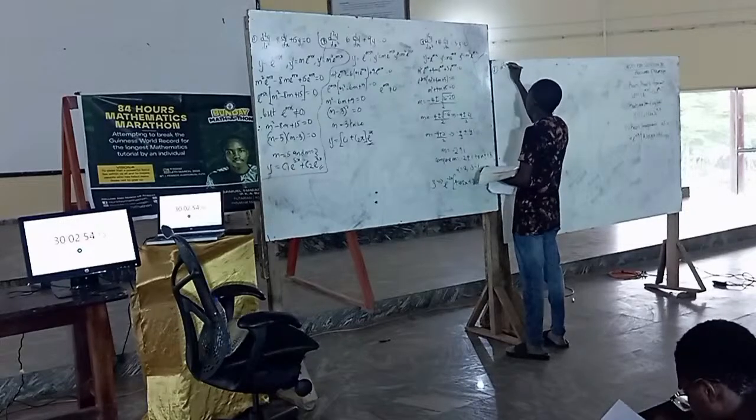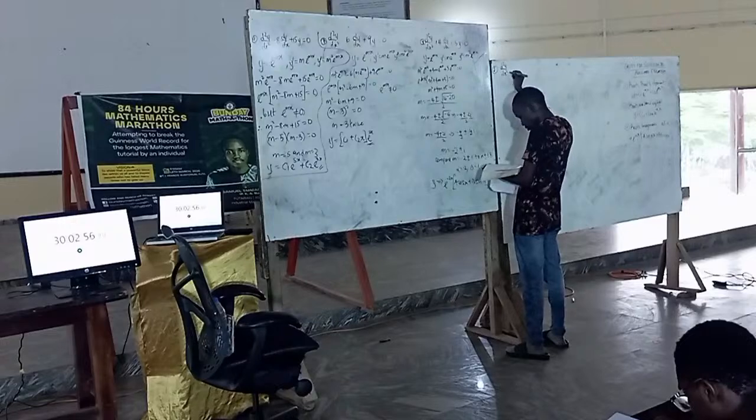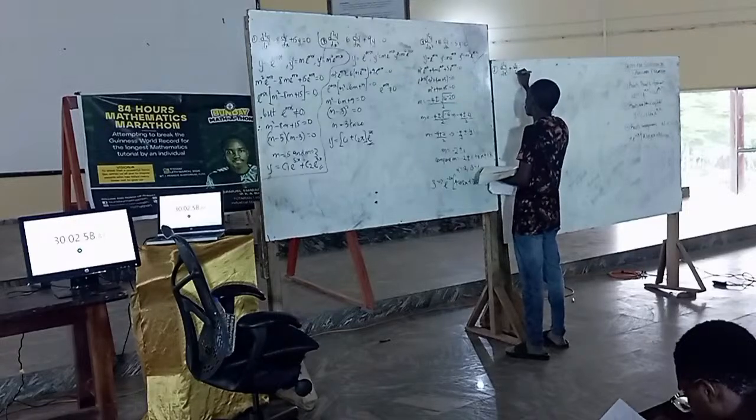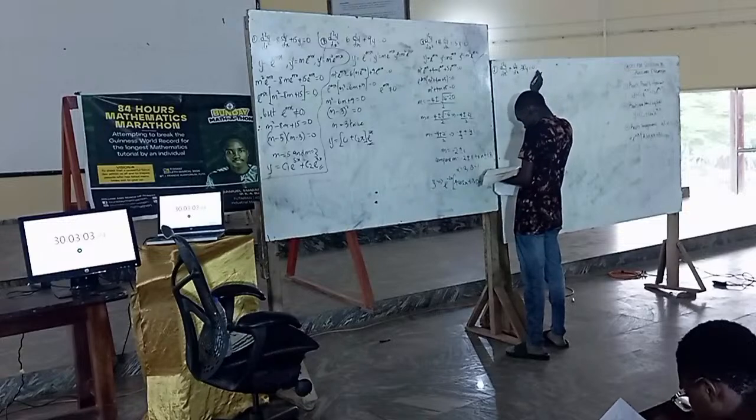Number 1: d squared y over dx squared plus dy dx minus 30y equals 0.